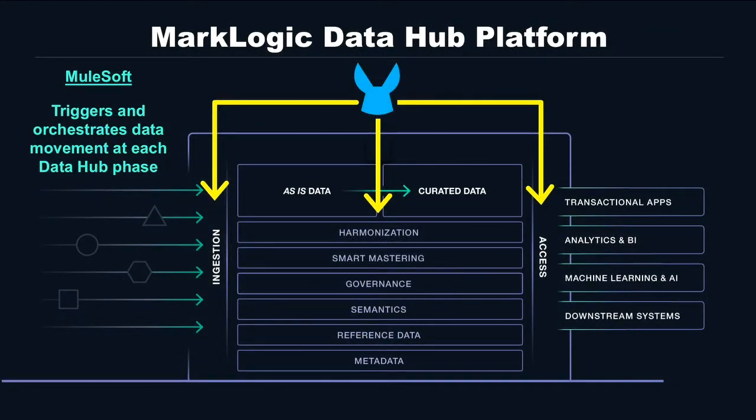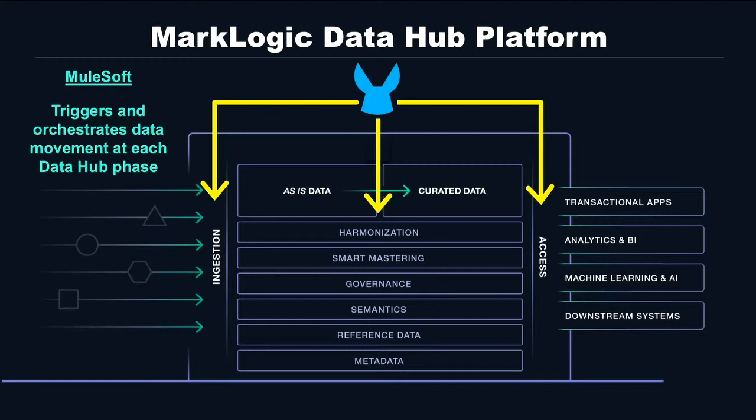As I mentioned, we're going to use MuleSoft to trigger and orchestrate each phase of the data movement here. I've gotten the question, why is that important? We're seeing it increasingly in the field, especially in really large customer enterprise system integrations.